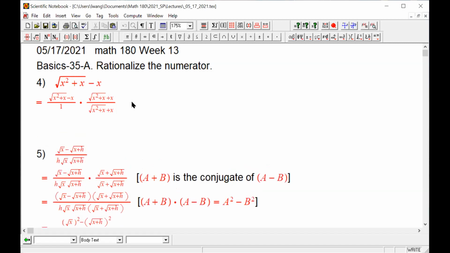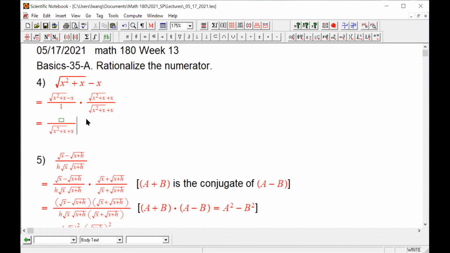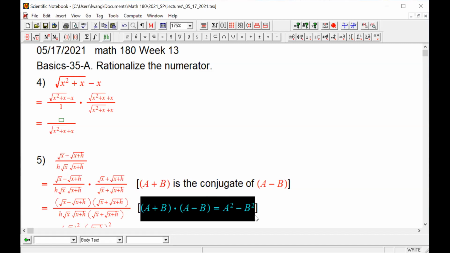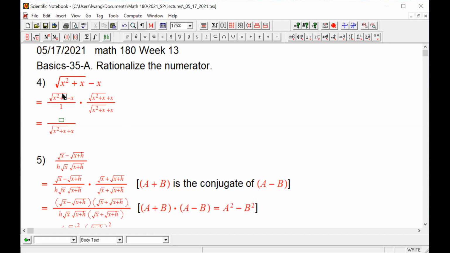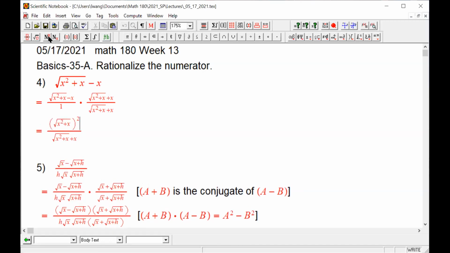Now, the rest is similar. And this time, of course, our denominator is much simpler, right? And the numerator, you just multiply, use a squared minus b squared, right? A is identified. So this is a squared minus b squared.